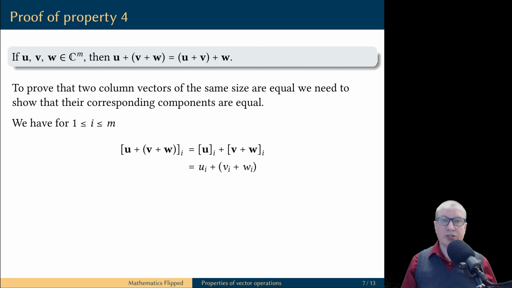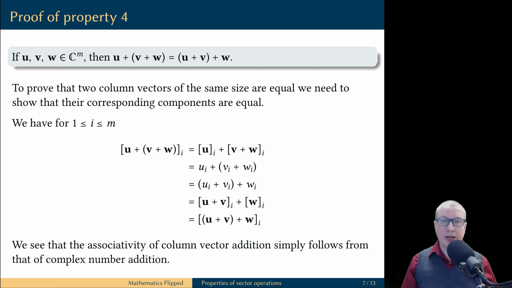By definition of the vector addition, this is component i of vector u plus v plus the vector w. We have proved that the two vectors have identical components and therefore they are the same vector. From this proof, you see that the fact that the operation of vector addition is associative is a simple consequence of the fact that the operation of addition of numbers is associative.